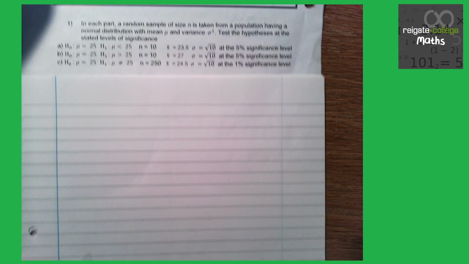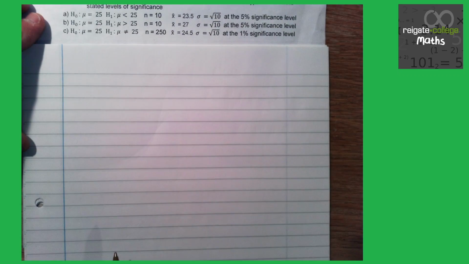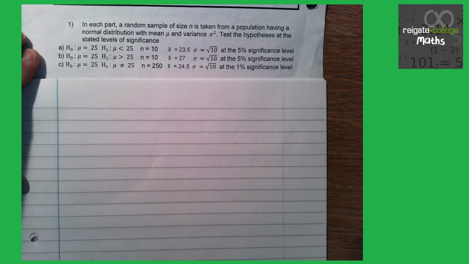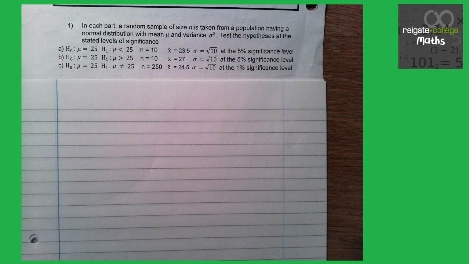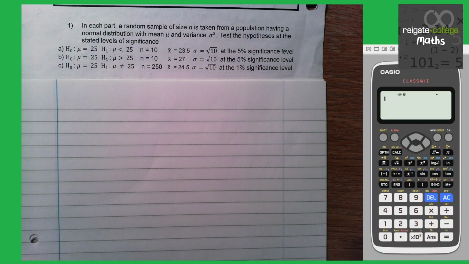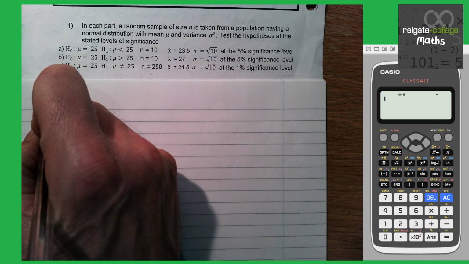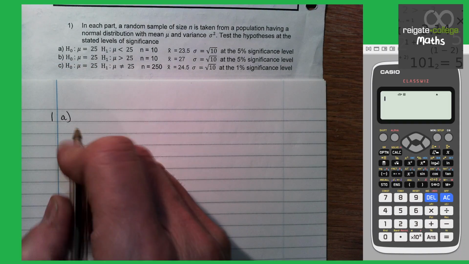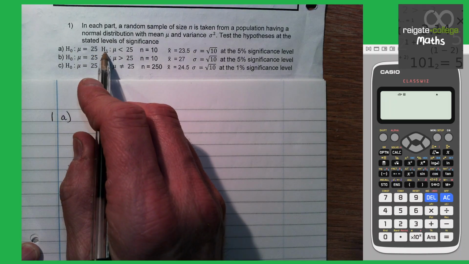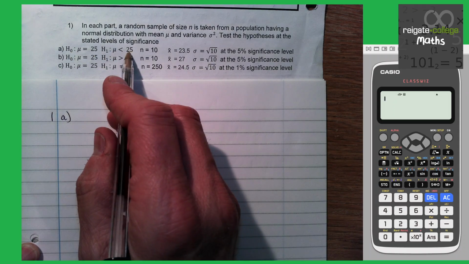So let's look at question 1 here. So question 1, we have got these hypotheses written out for us. So for 1a, we've got null hypothesis mu is equal to 25. Alternative hypothesis mu is less than 25.